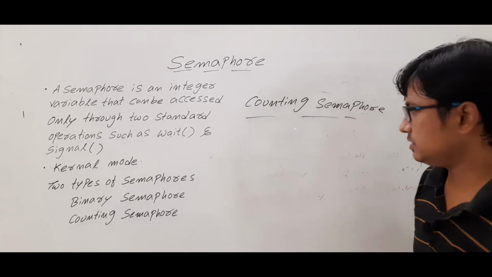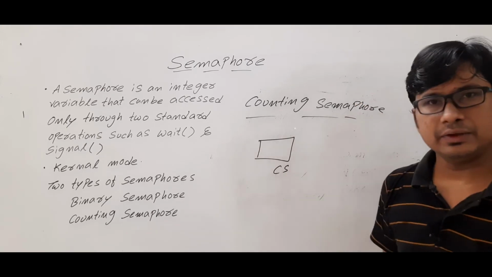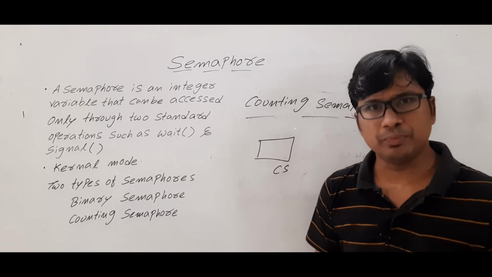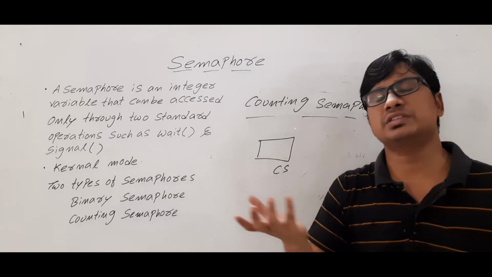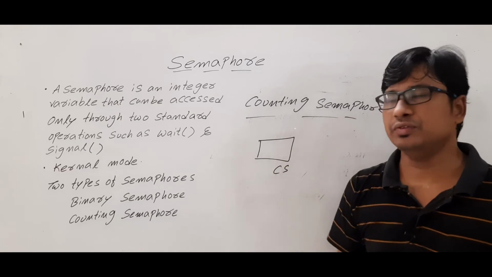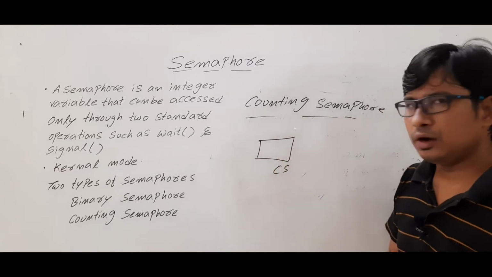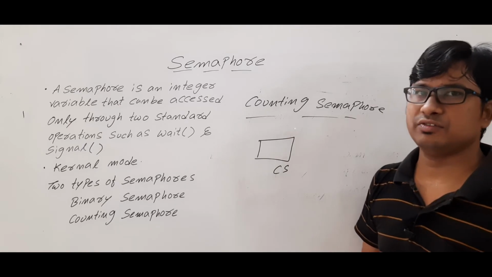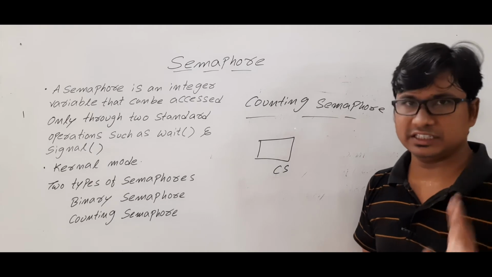Let's take a simple example. You have a critical section. Usually we say that mutual exclusion should be provided in the critical section, so at max only one process can be allowed inside. Let's take that we have three instances of a printer. If we have three instances of a printer, three processes can access the printer at a particular instant of time.